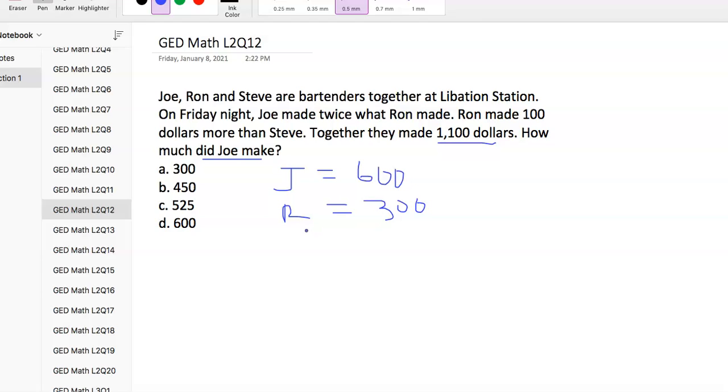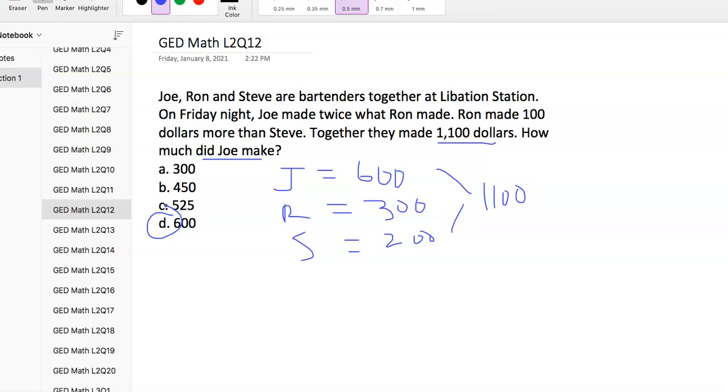And Steve, lowly Steve, the worst bartender at Libation Station, it says Ron made $100 more than Steve. So if Ron's 300, Steve is 200. Then if we add these up, 600 plus 300 is 900. 900 plus 200 is 1,100. So answer choice D looks like a winner. So that's plugging in.